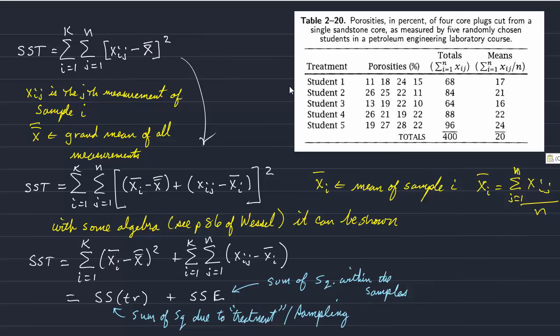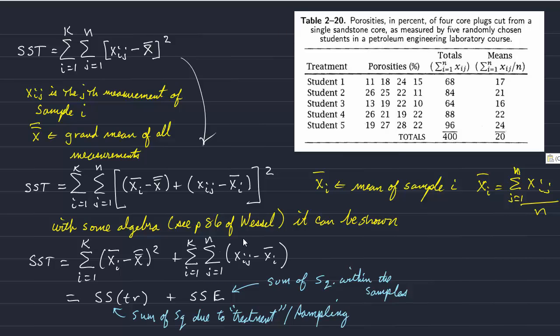So this is a situation where treatment is the right word for describing the sum of squares due to treatment, and that would be equivalent to the sampling of porosity 5 different times.